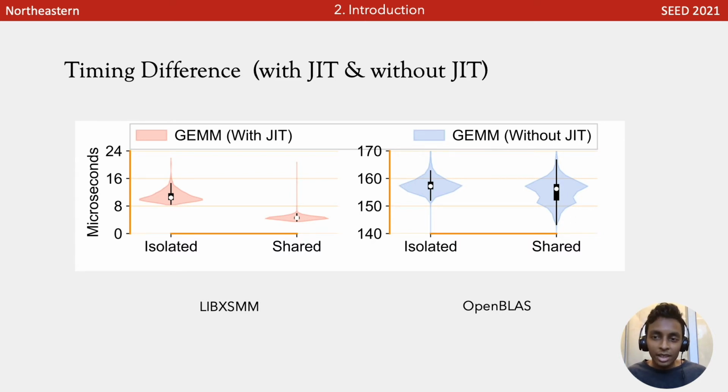And a shared environment means that both the victim and the adversary are in the same compute environment, and also they're sharing the same parameters. So in the case of libxsmm, if the adversary is using the same matrix dimensions, they'll see a reduction in the execution time because the instruction sequence is already in the code cache. But with OpenBlast, we would not see a difference like that.